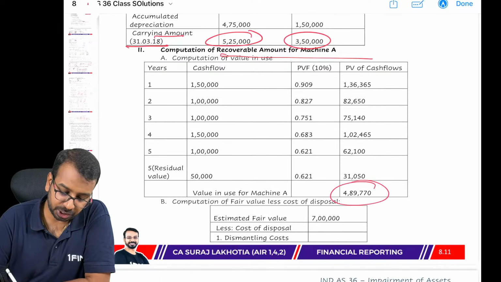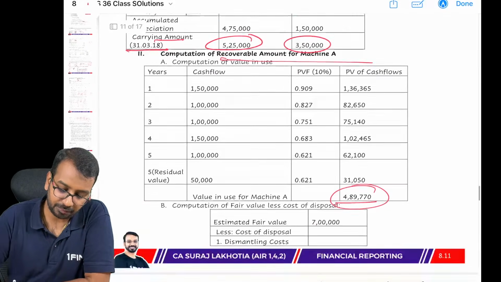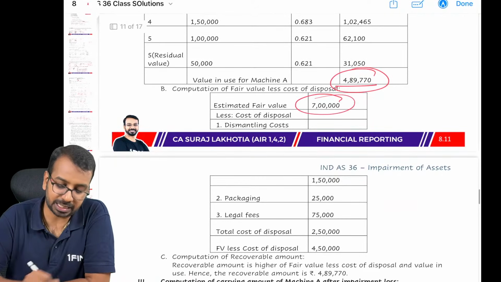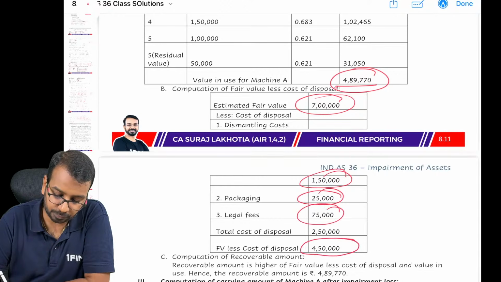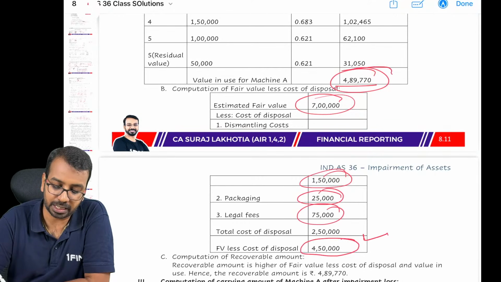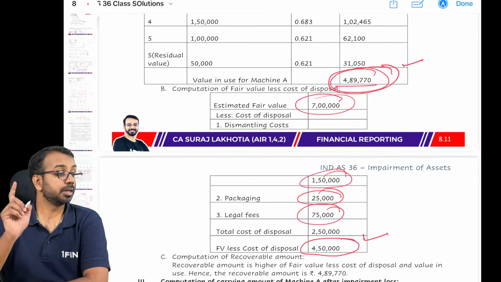So value in use for the machinery is 489,770. Fair value less cost to disposal. The valuer has said 7 lakhs. Okay. The dismantling cost, the packing fees and the legal fees, total cost comes to 450. Total fair value less cost to dispose. Higher is 489. This will be considered.